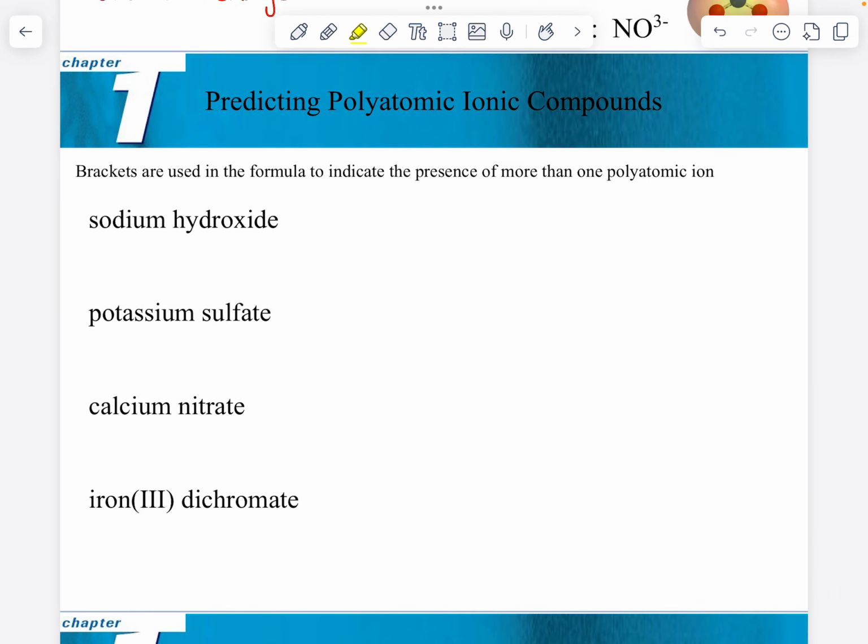Okay, and because you have multiple of them, we're going to use brackets if you have more than one polyatomic ion in the formula. So for example, we have sodium, which is Na plus, and hydroxide, which is OH negative. Okay, so I still need to balance them. And they are already balanced, so we would write NaOH.